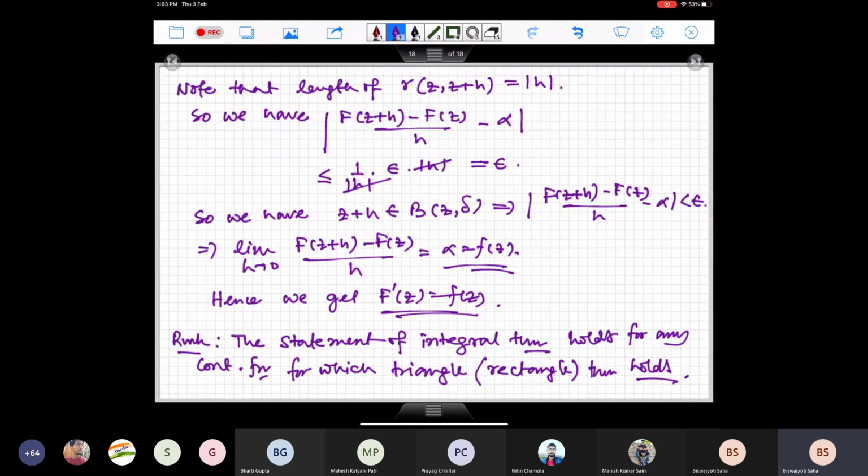All I need in this proof is that I should be able to apply my triangle theorem or the rectangle theorem, and we needed continuity. Therefore, if I have a continuous function for which the triangle theorem or the rectangle theorem is valid, then we will be able to find a primitive. Okay, is this clear to all of you?